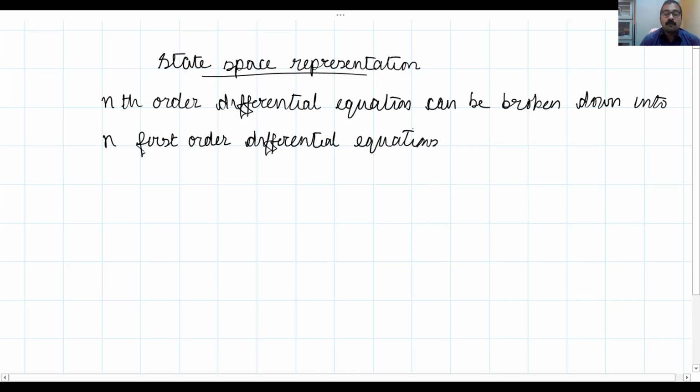That's what is actually happening when we are representing a system in state space form. Let us take one example, then it will be more clear.